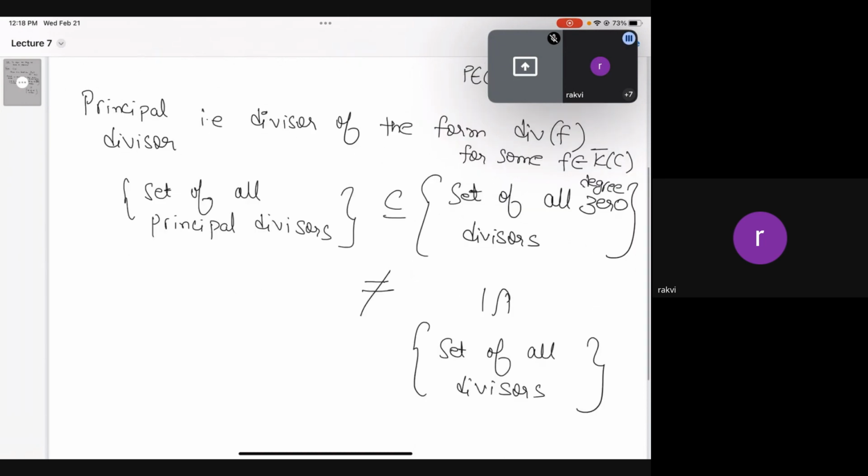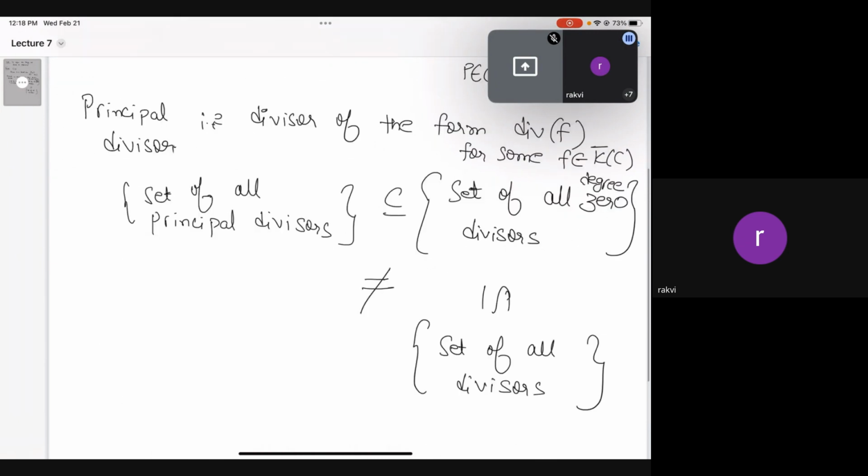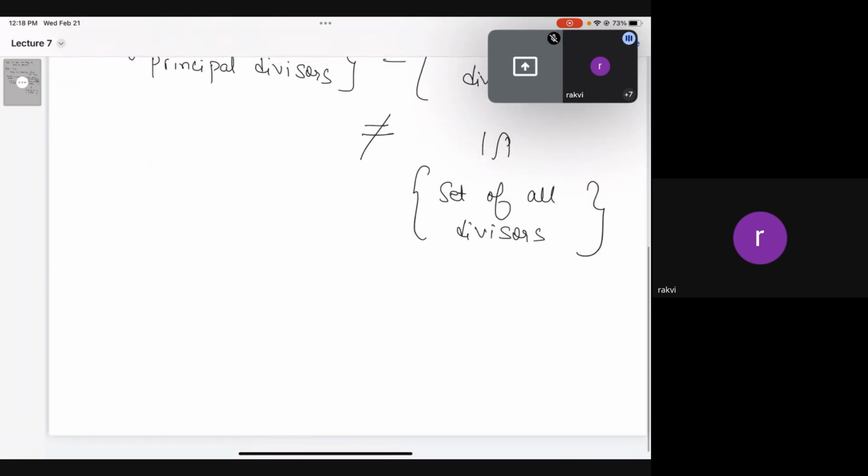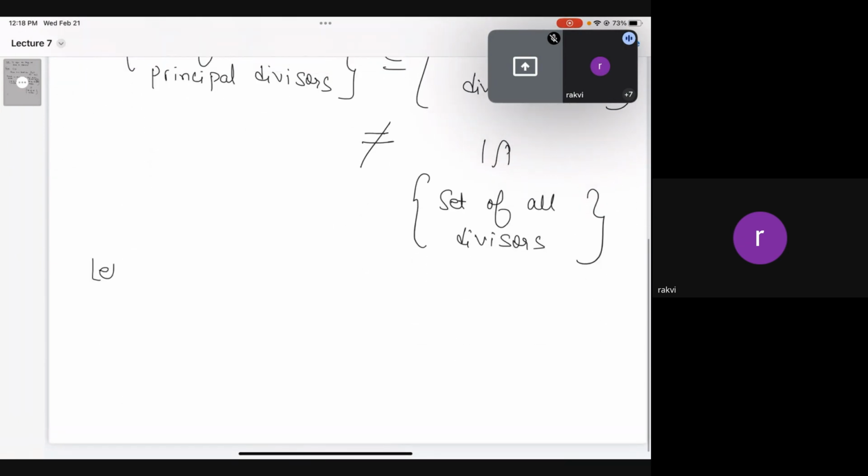So from a general curve, I'm changing my setting to an elliptic curve. Let E be an elliptic curve defined over a field K, not necessarily a number field, it can be a finite field as well.